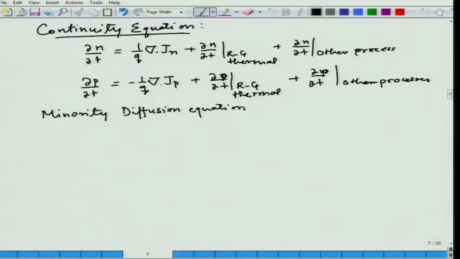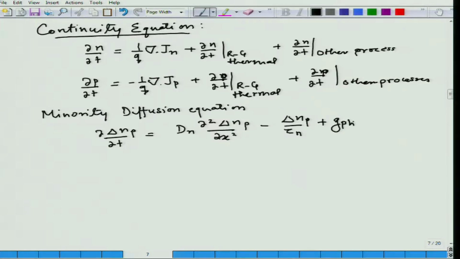And in that approximation we showed that these first two equations reduce to basically the excess carrier concentration being given by the second derivative of the excess carrier concentration, minus the excess carrier concentration divided by the lifetime of the minority carrier, plus the photo generation.